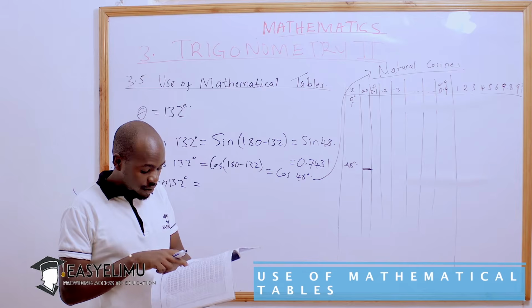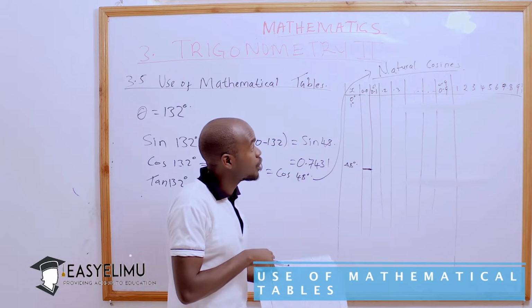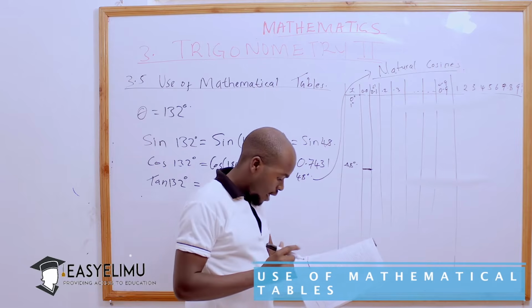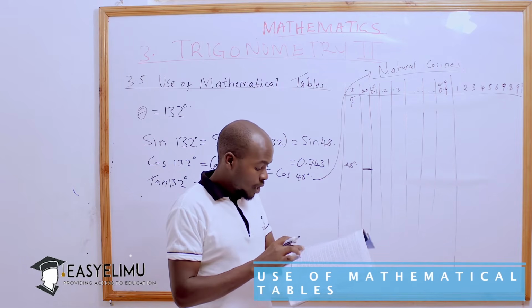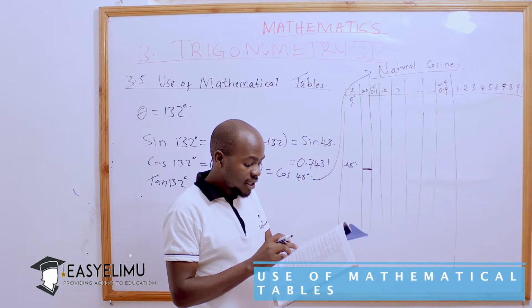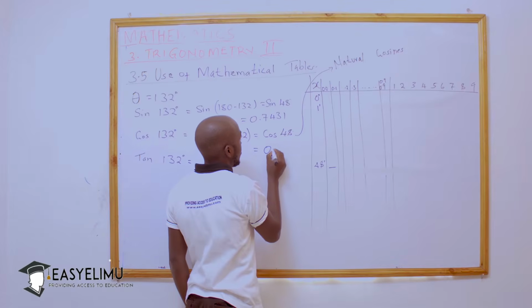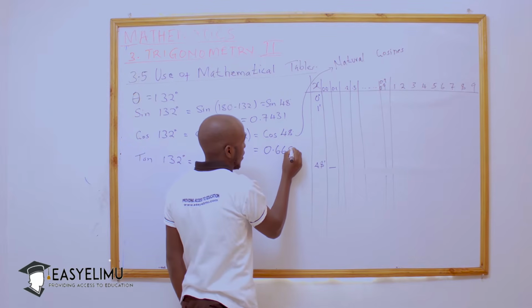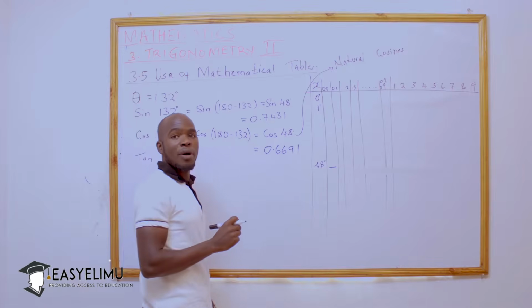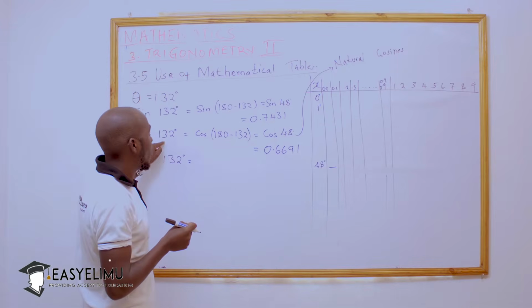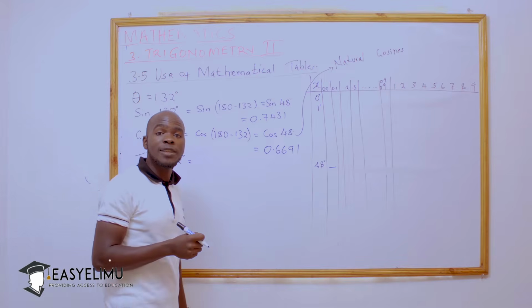For example, if it is 48, you move up to a point where you will find 48.0, so it is at the first column. So you will take 48.0, that is 0.6691. But remember, cosines and tangents in the second quadrant are always negative.